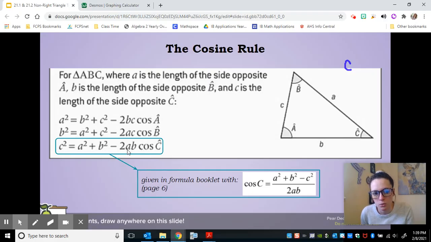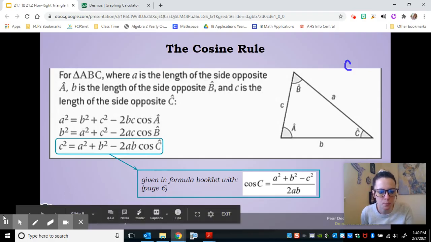The other two sides just fall into place in the other pieces. So even if you're trying to find side A, we may not give you that formula, but you can easily just rethink the C formula for what you need. But I'm going to copy this formula onto the next page so that I have it.